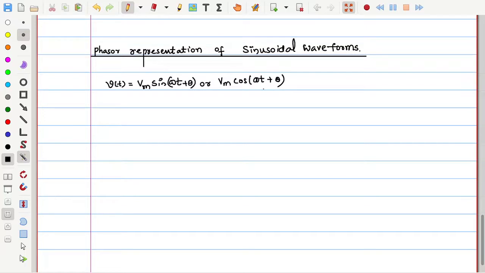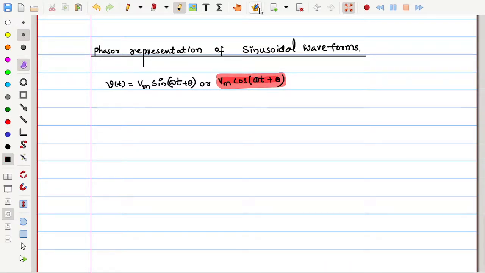Either of these functions can be called sinusoidal functions. Most of the time, we take up the Vm cos omega t plus theta form, which is a general form.